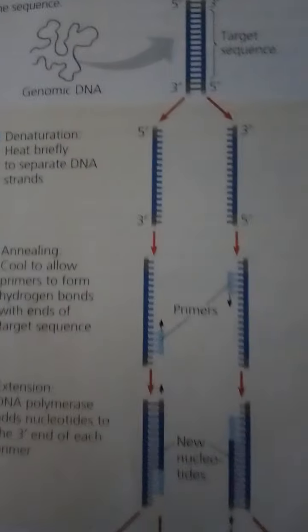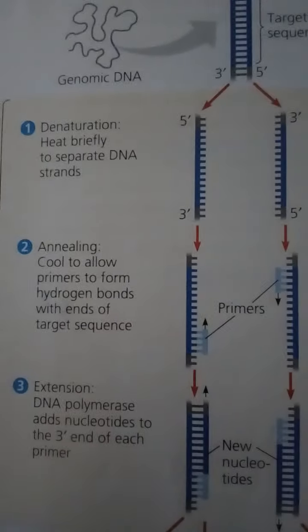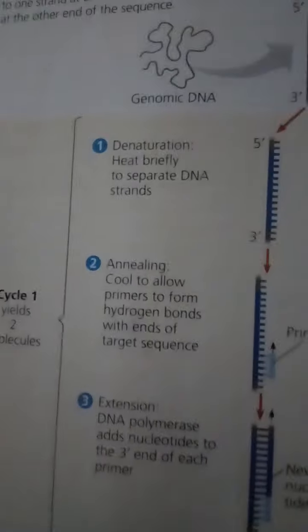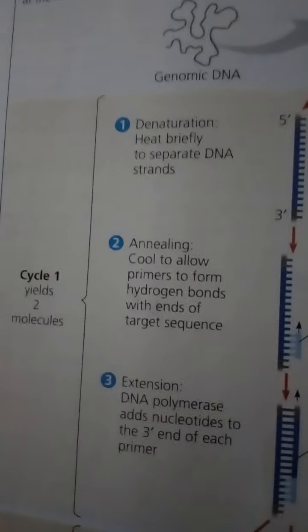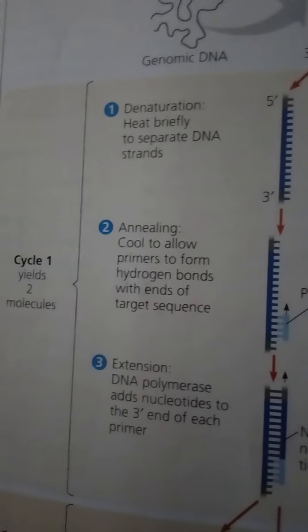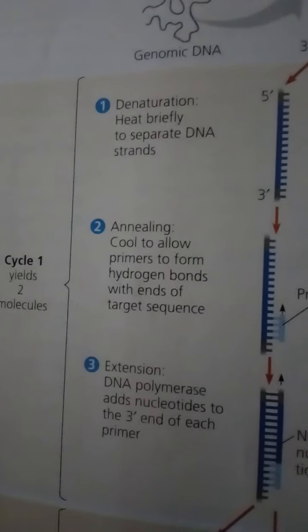Another problem with expressing cloned eukaryotic genes in bacteria is the presence of non-coding regions, introns, which are present in most eukaryotic genes. Introns can make a eukaryotic gene very long and they prevent correct expression of the gene by bacterial cells, which do not have RNA splicing machinery.